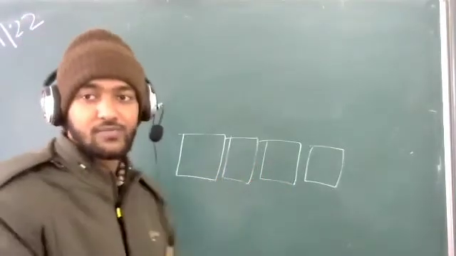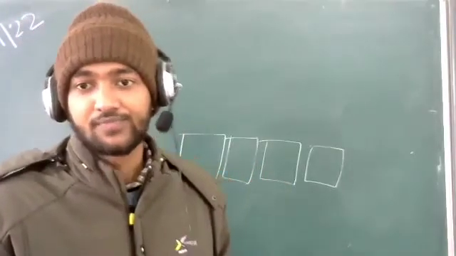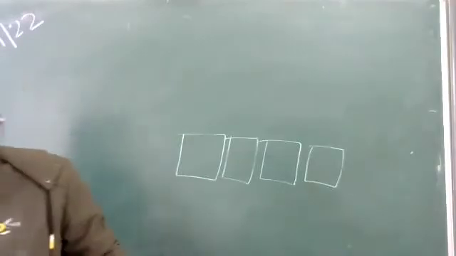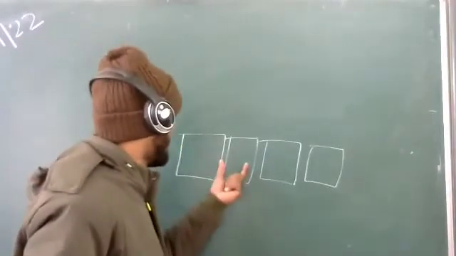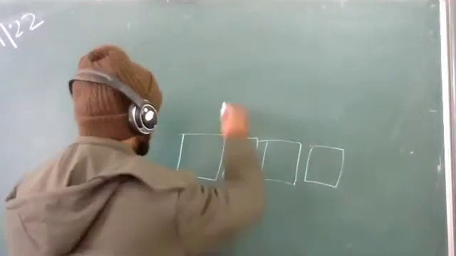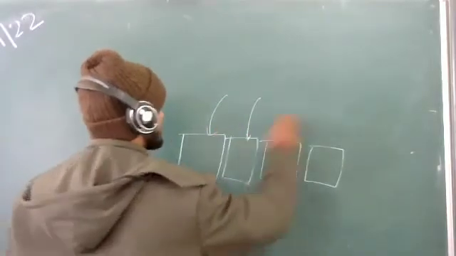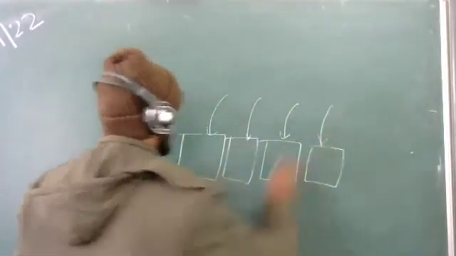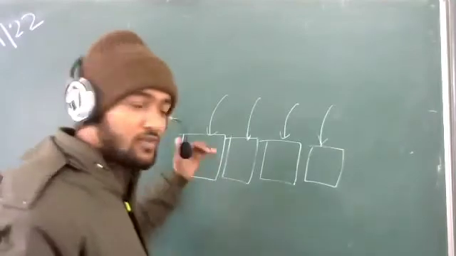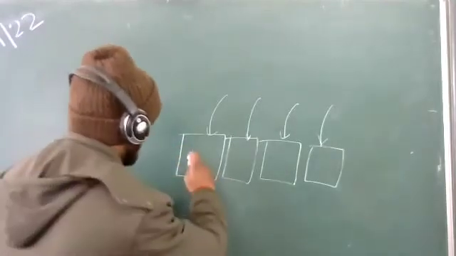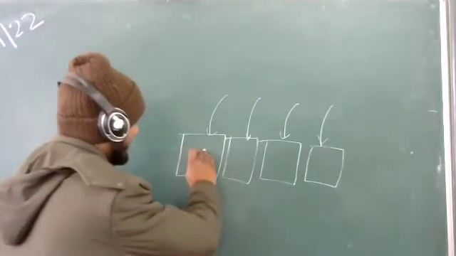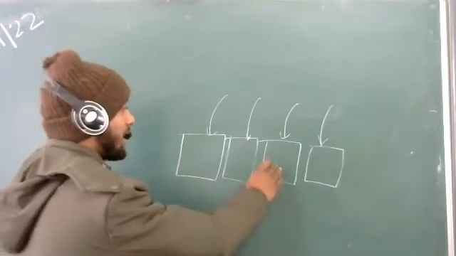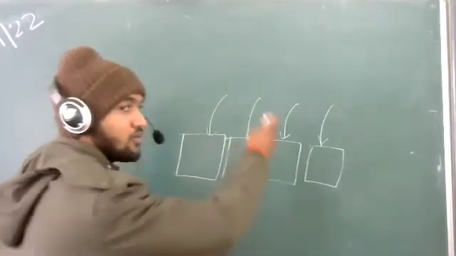How does it work? Suppose this chips packet has air in it, so we fill nitrogen gas in all these packets. As nitrogen gas is filled, it flushes, so the oxygen or the air which is initially in the packet will get outside.